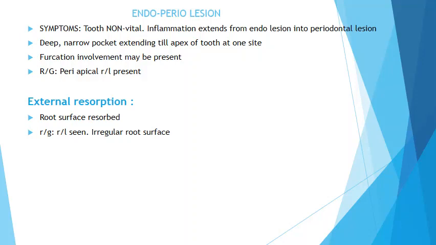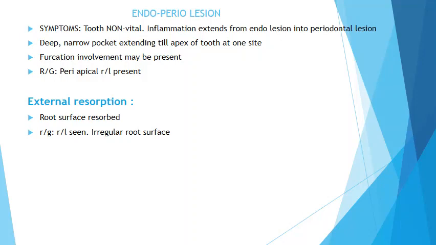In the radiograph of the concerned tooth, periapical radiolucency may be present and there can be furcation involvement as well. So the important thing to know is the tooth is non-vital and there will be a deep narrow pocket extending till the apex of the tooth on one side, a periapical radiolucency, and furcation may be involved.